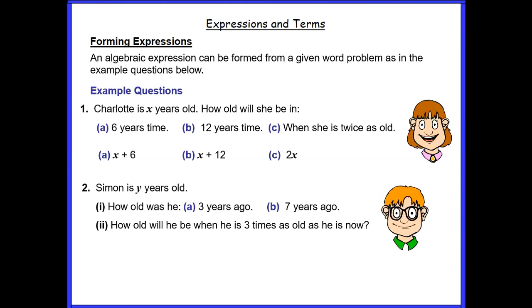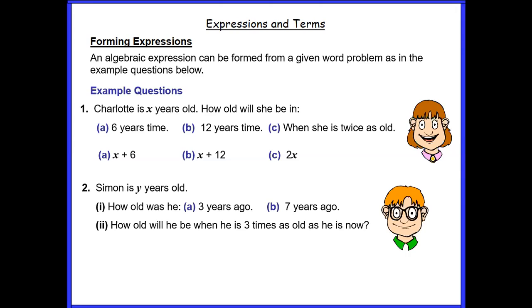If we look at a second example, it says Simon is Y years old. How old was he 3 years ago? 7 years ago? And how old will he be when he's 3 times as old as he is now? Slightly different variation. Instead of how old will she be in 6 years' time, we now ask how old was he 3 years ago.